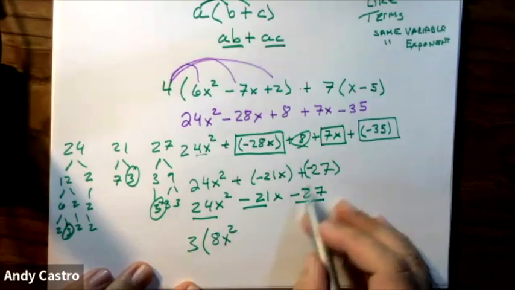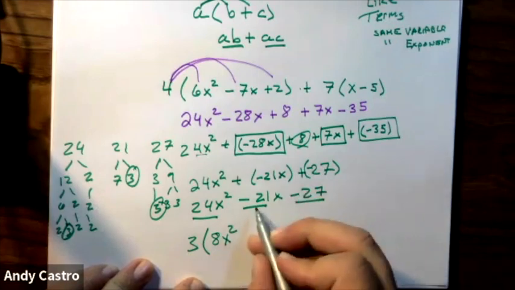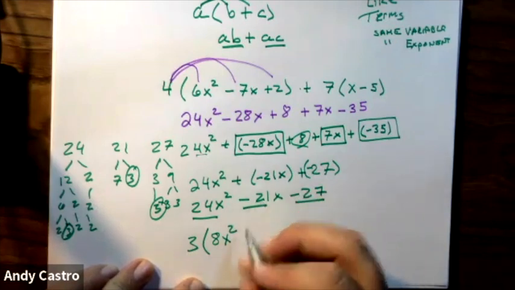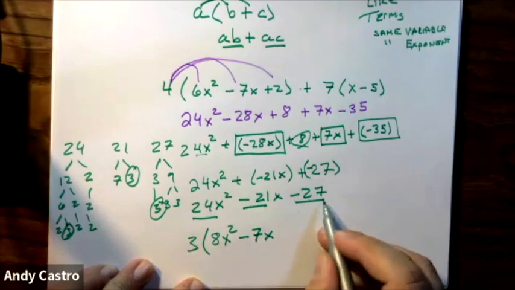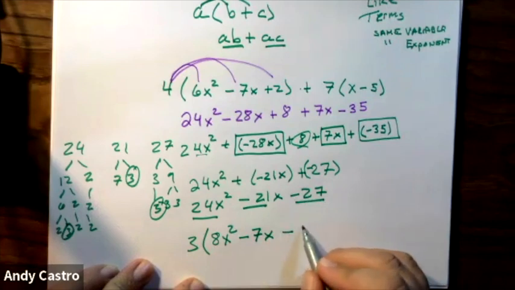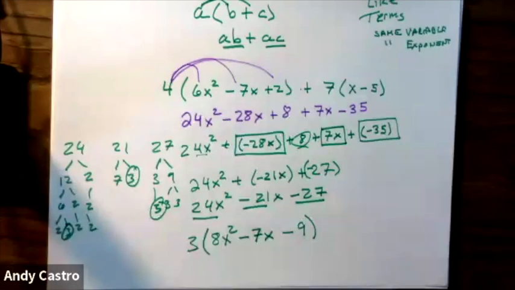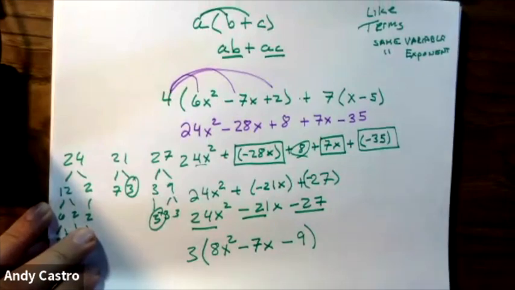I don't have x on this last term, so I'm not going to be pulling out any variables. Negative 21, I pull out a positive 3, I'm left with negative 7x. And then minus 27, if I pull out a positive 3, I'm left with negative 9. It's a lot of factoring and distributing. It's kind of what we're practicing right now.